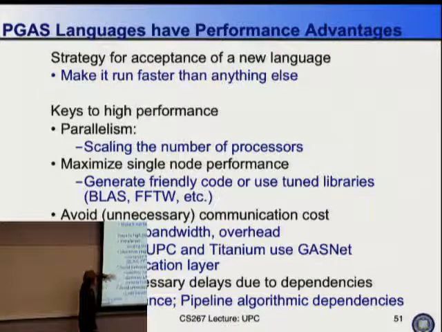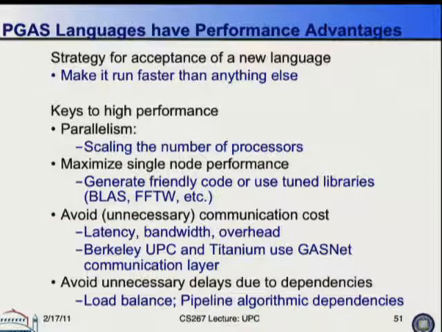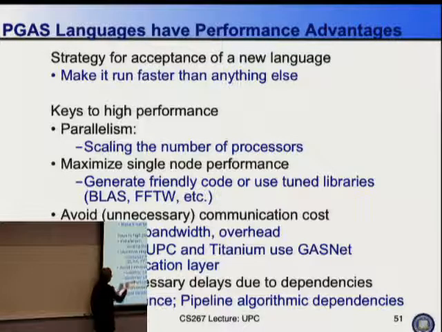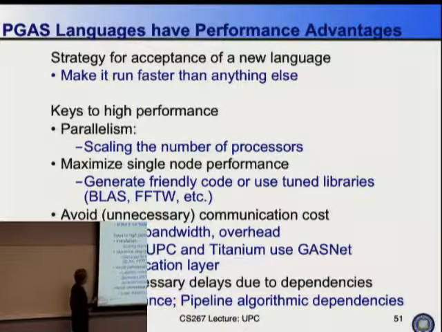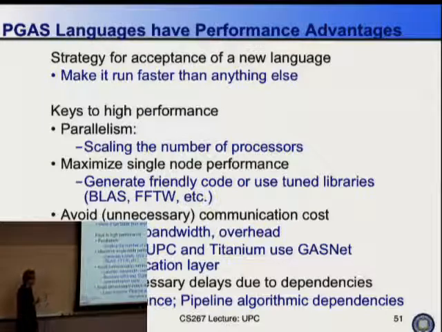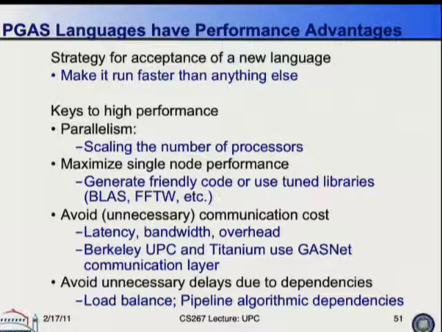You also want to make sure you avoid unnecessary communication costs, both the latency costs and the bandwidth costs. Now, the Berkeley implementation, the Intrepid GCC UPC implementation, and the Cray implementation that runs on Franklin, but not the one that runs on Hopper, which is what you'll be using for the homework assignment, are all based on a communication layer called GASNet.